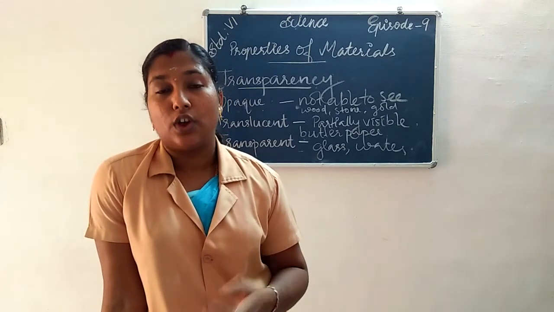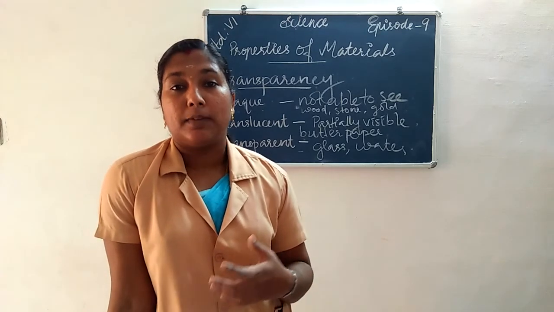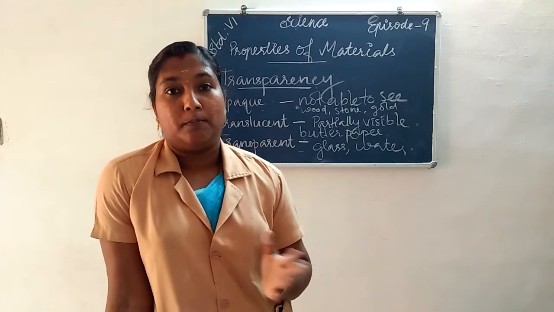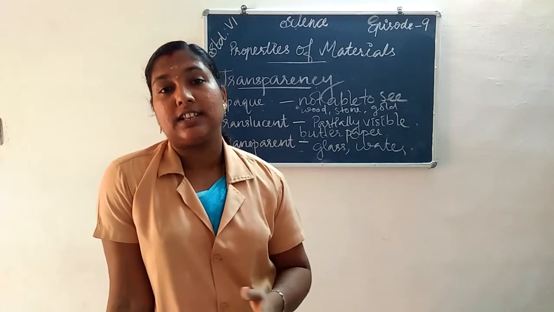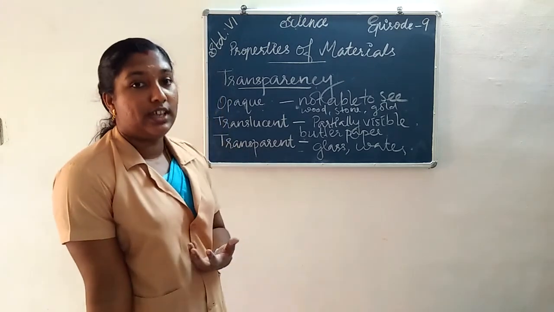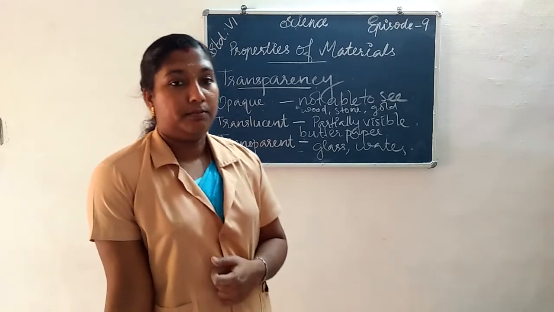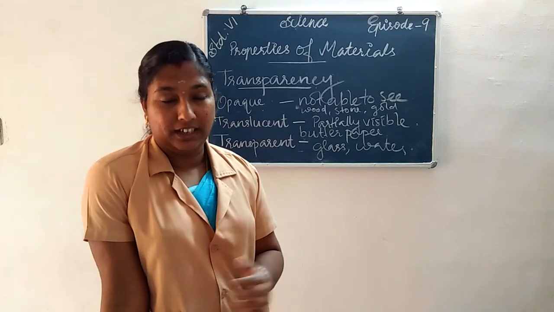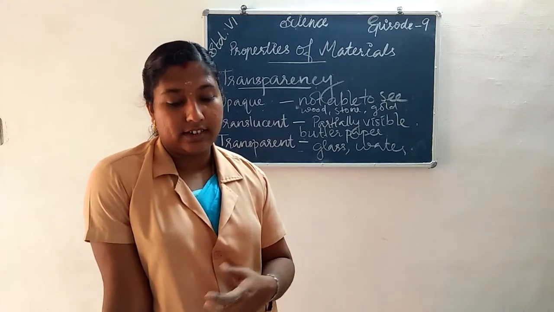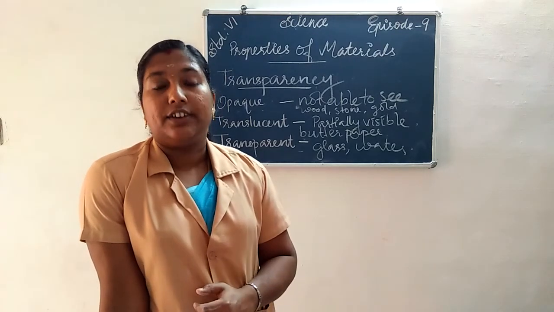Example, wood, stone, etc. Then translucent: partially visible materials are called translucent. Example for translucent: butter paper, old glass door, etc.